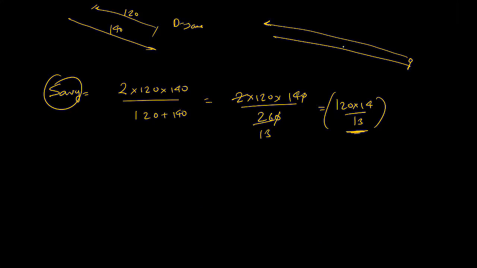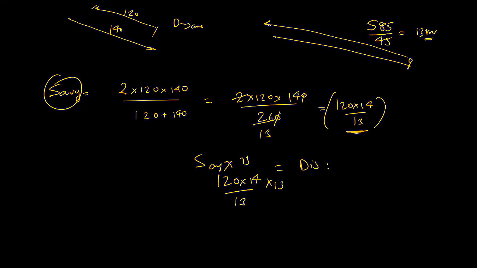So how long will it take for the car to go there? We just calculated this a few minutes back. 585 kilometers at a speed of 45. This was 13 hours. So 120 into 14 upon 13 is the speed, into time must be the total distance.